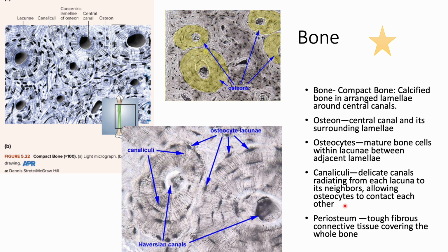And just like how cartilage was surrounded by perichondrium, bone is surrounded by periosteum, a thick fibrous connective tissue covering the whole bone. And what connective tissue do you believe this would be? Hopefully we're all yelling dense irregular connective tissue.